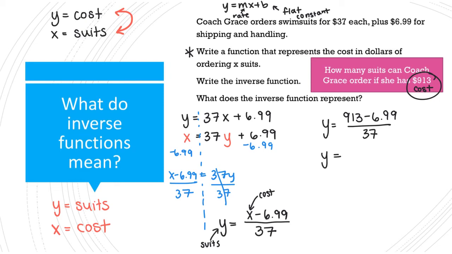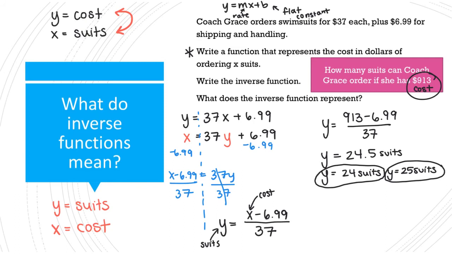I ended up getting 24.5 suits, but we obviously aren't going to have a fraction amount of suits, so I would probably say about 24 suits. You might pay attention to what Pearson is suggesting as to whether they are asking you to round up or round down, so it could also potentially be 25 suits, depending upon how they ask you to round.